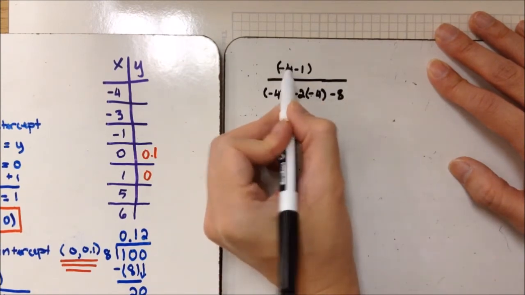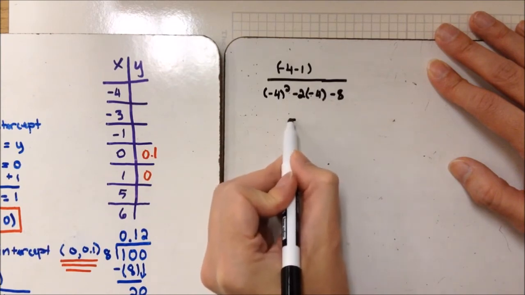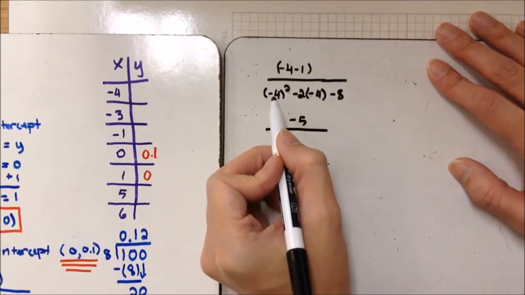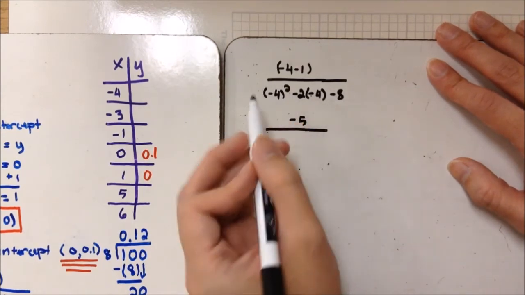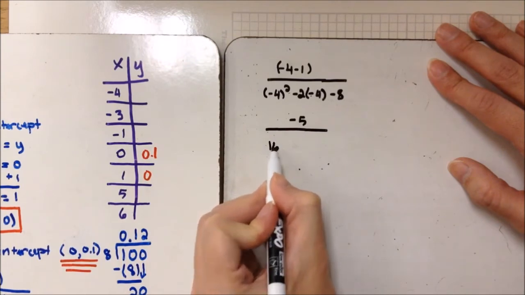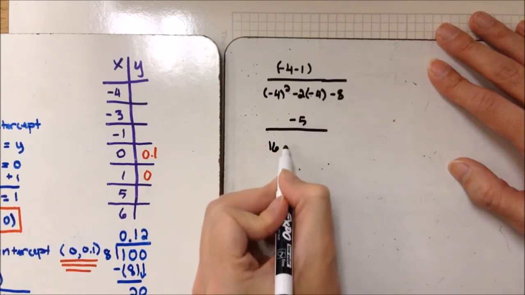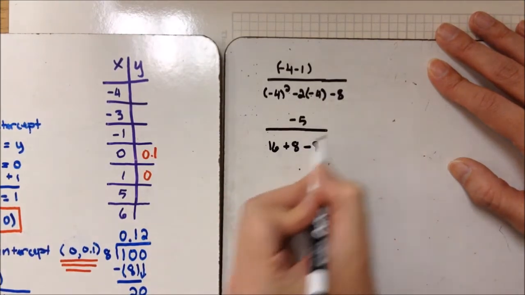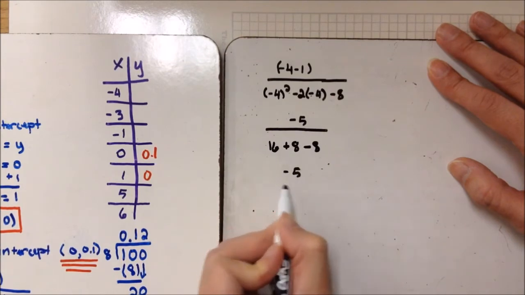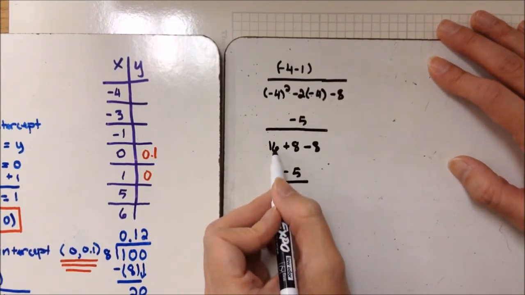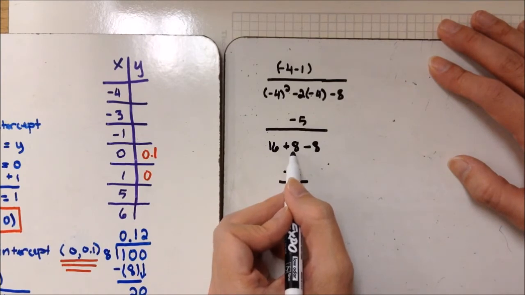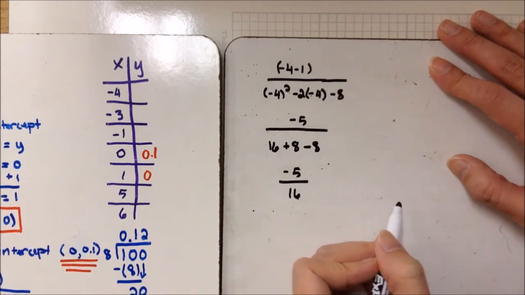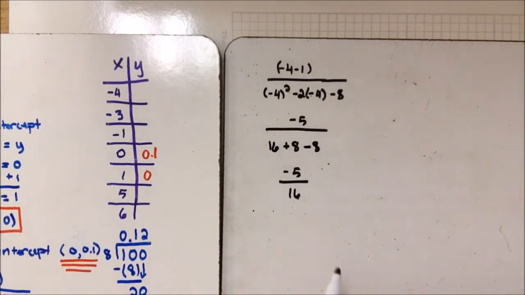If we do the top, -4 minus 1 is just going to be -5. -4 squared means -4 times -4, so 16. Then minus 2 times -4 is plus 8, and then minus 8. So it's -5 over 16 plus 8 is 24, and then 24 minus 8 is just 16. Alright, so we got -5 over 16.